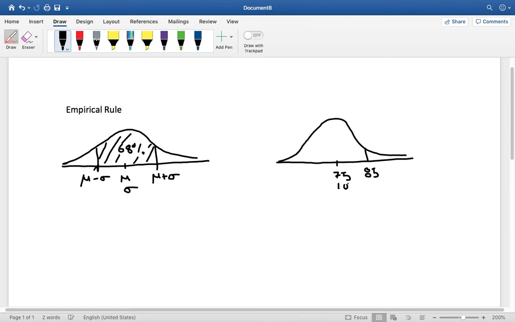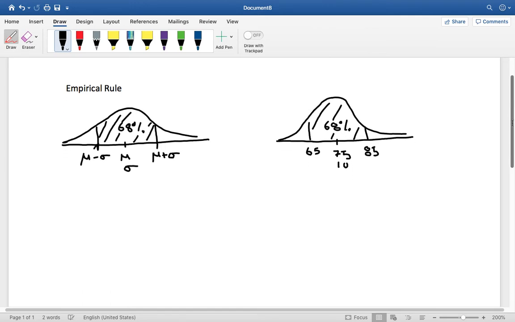And if I take away one standard deviation from the mean, so the mean minus 10, it's going to take me down to 65. So 75 minus 10 is 65. It says that 68% of my students' scores will be between 65 and 85. So that's part one of the rule.